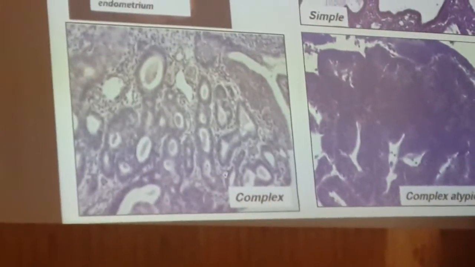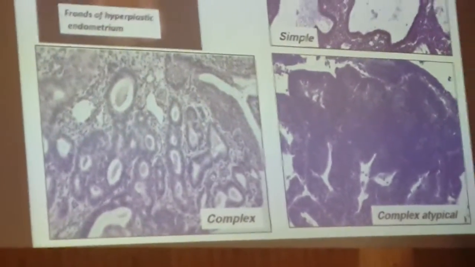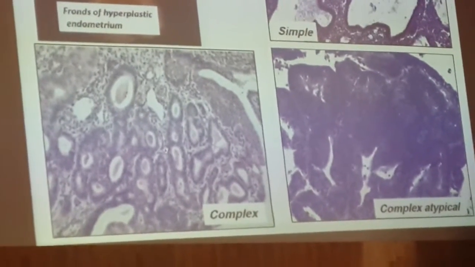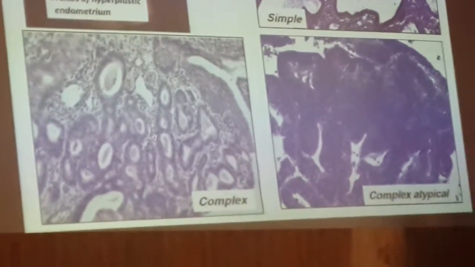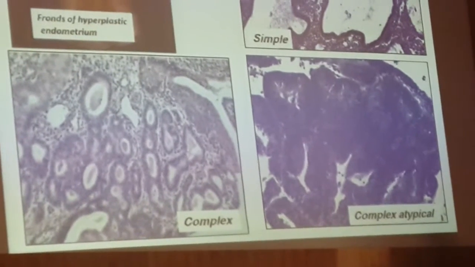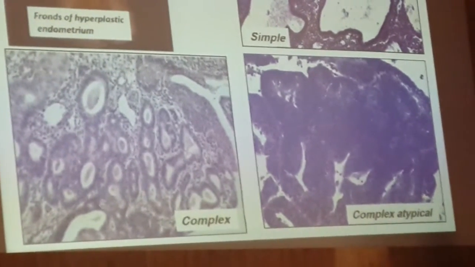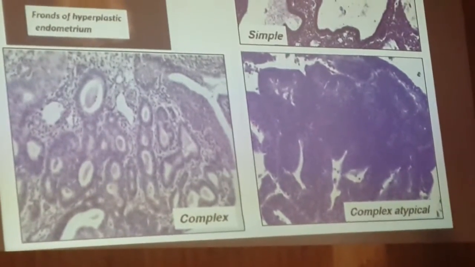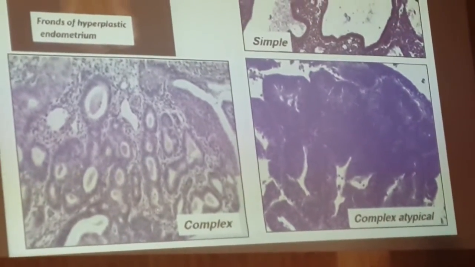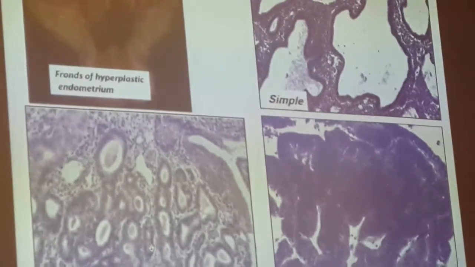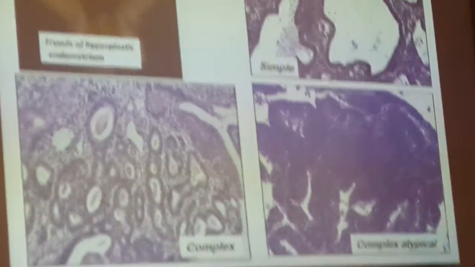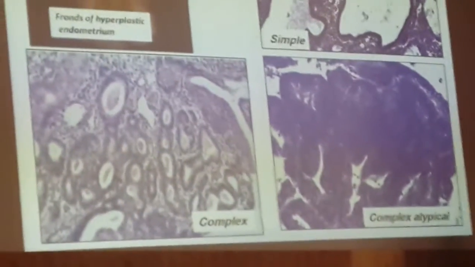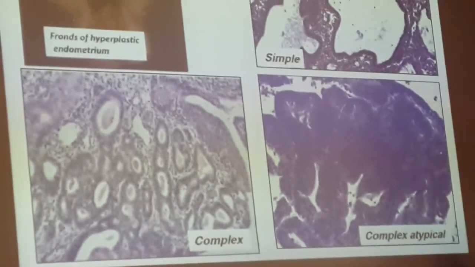This one is dangerous. You will find many glands increasing in size and becoming many, with proliferating epithelium. You will find here fewer glands, but here many glands, and there is proliferation of the epithelium. This is complex, but there are no atypical features in this slide.